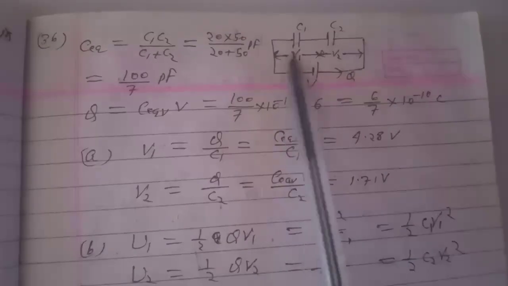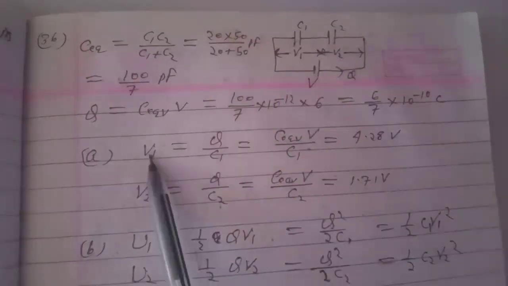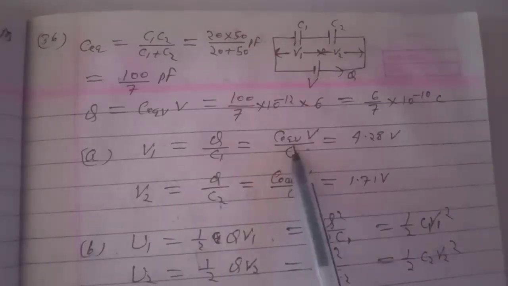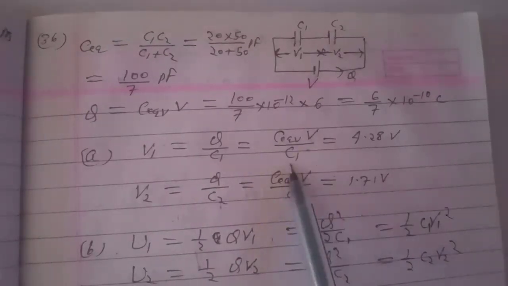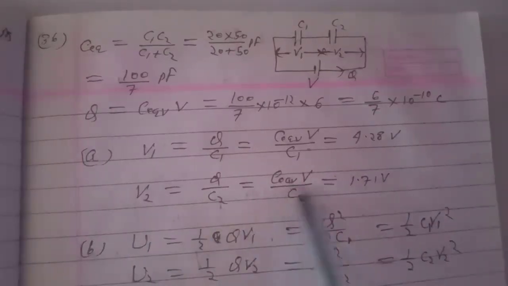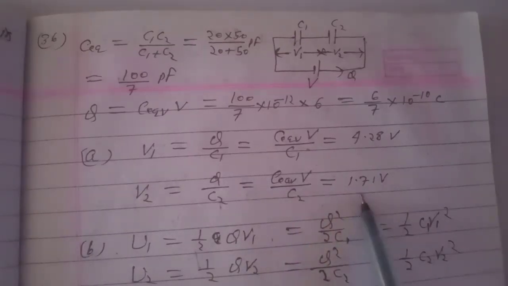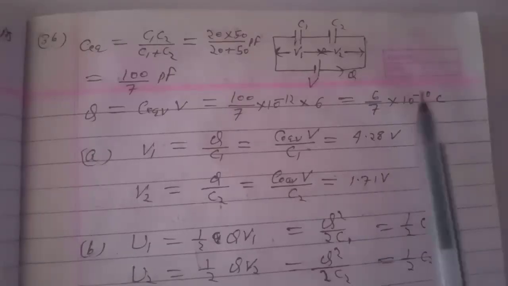Now the potential across C1 will be V1 equals Q by C1, or C equivalent V by C1, equals 4.28 volt, and V2 equals Q by C2, C equivalent V by C2, equals 1.71 volt. Answer.